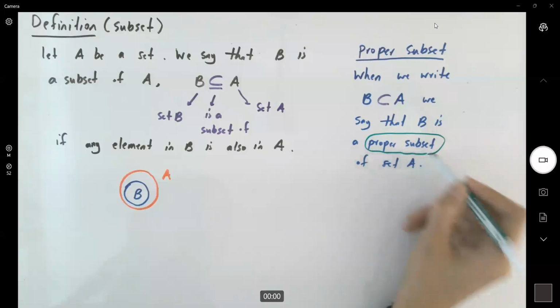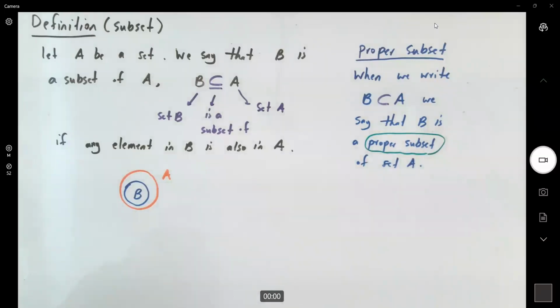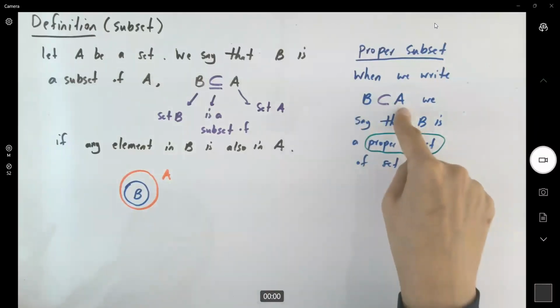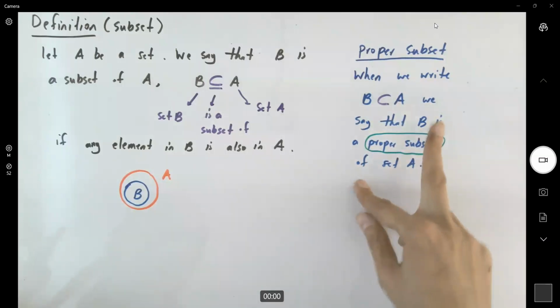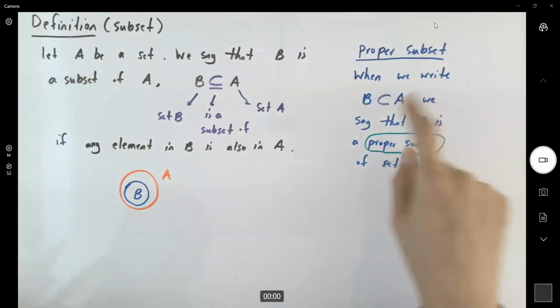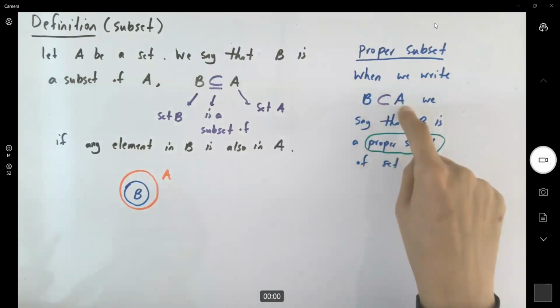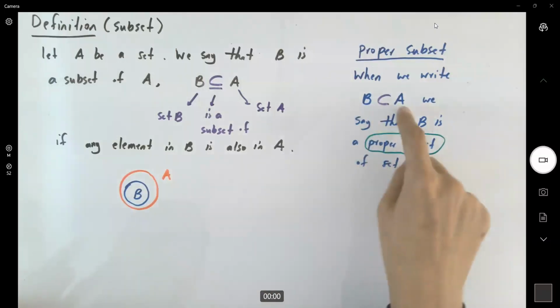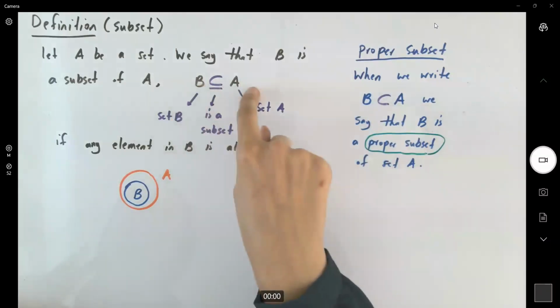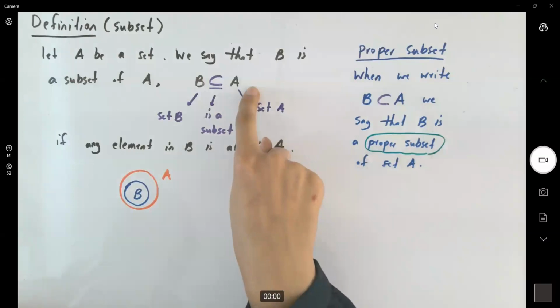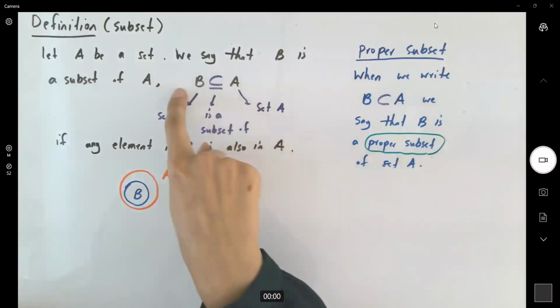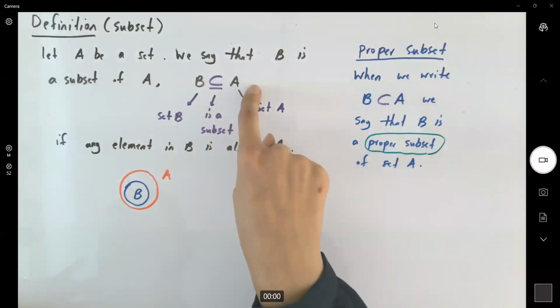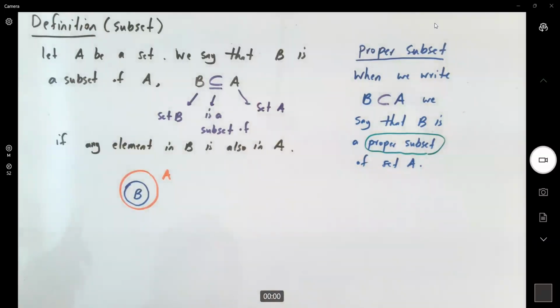B is a proper subset of set A if you are sure that B cannot be equal to A. There is no way that B is equal to A. But when you write it this way, it means that you do not exclude this possibility that B might be equal to A. The difference between these two.